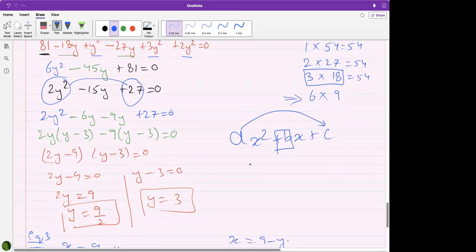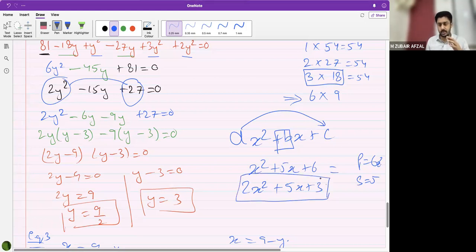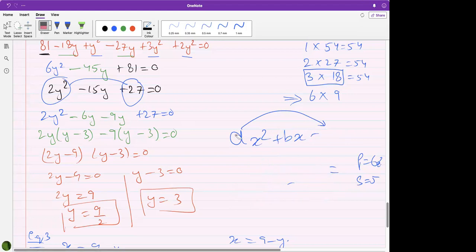Like if you have x square plus 5x plus 6, product must be 6 and the sum must be 5. If you have 2x square plus 5x plus 3, now again the product is 6, it is not 3. Product is 6 because we multiply the first one with last one. Clear? I understand. Yes, thank you.